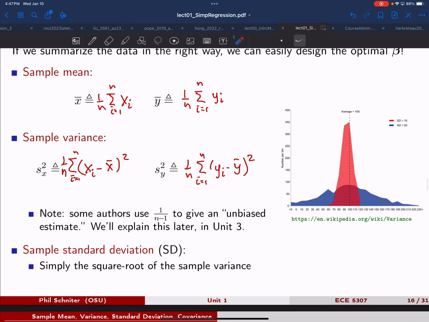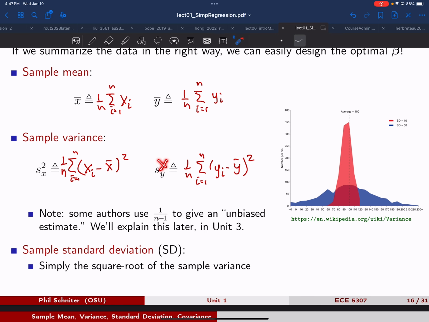Because of that mismatch, sometimes it's more interpretable to get rid of this square, in which case the sample variance, once you take the square root of it, becomes the standard deviation. The sample standard deviation is just the square root of the sample variance. And the nice thing is that it has the same units as the data itself.